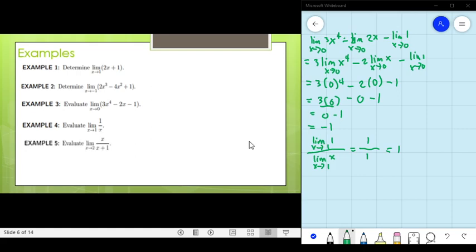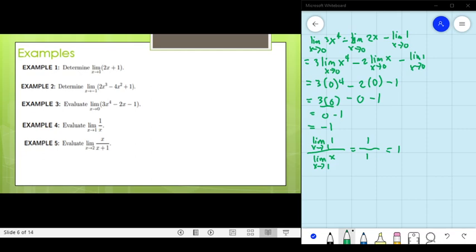Next we are to evaluate the limit of x all over x plus 1 as x approaches 2. Investigating the denominator when x is 2, it's 3. That means we can apply the division theorem.